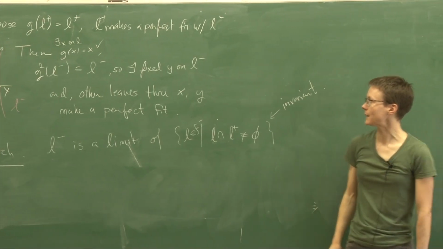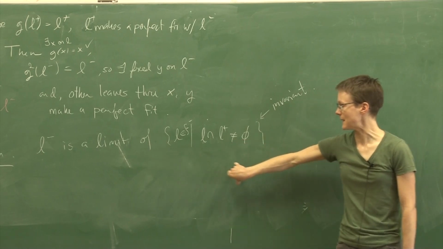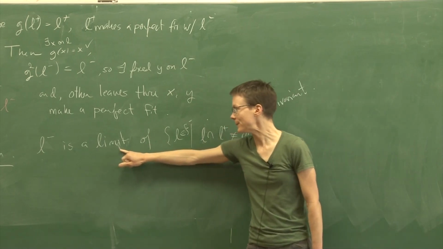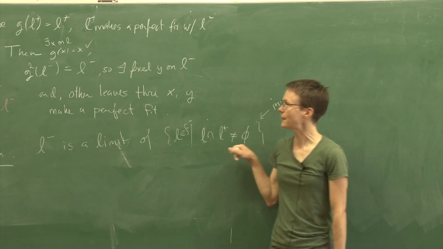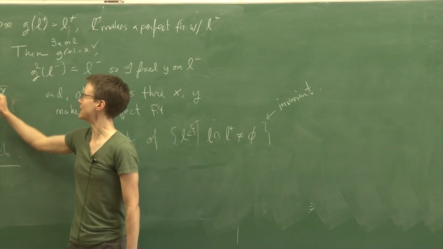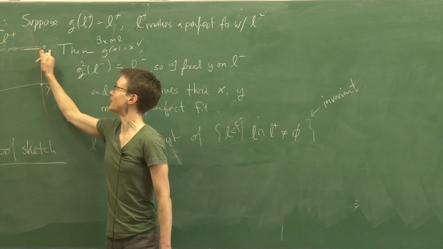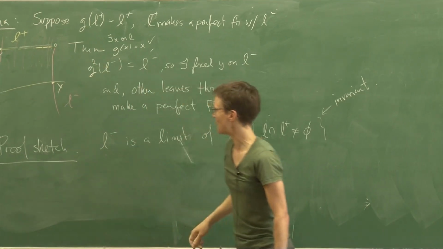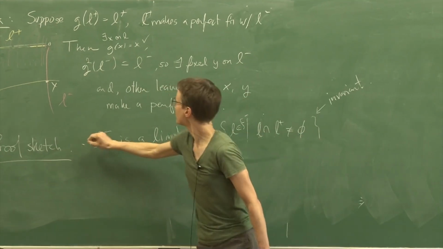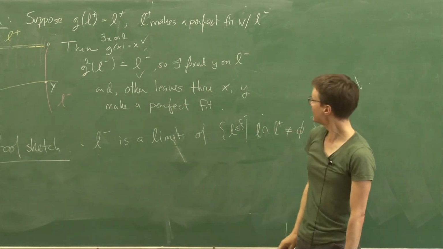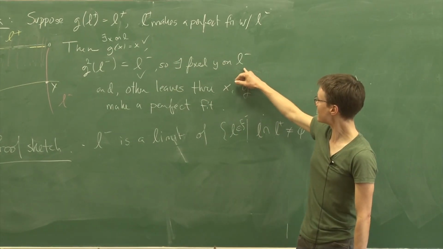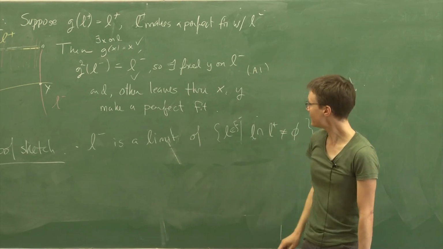You want to worry a little bit if, in this branching kind of picture, the limit of this is multiple leaves, but this is going to be the one that is closest to L plus, and you make a little argument. It's no problem. So that shows this part. There exists a fixed y. That's just axiom 1 again.